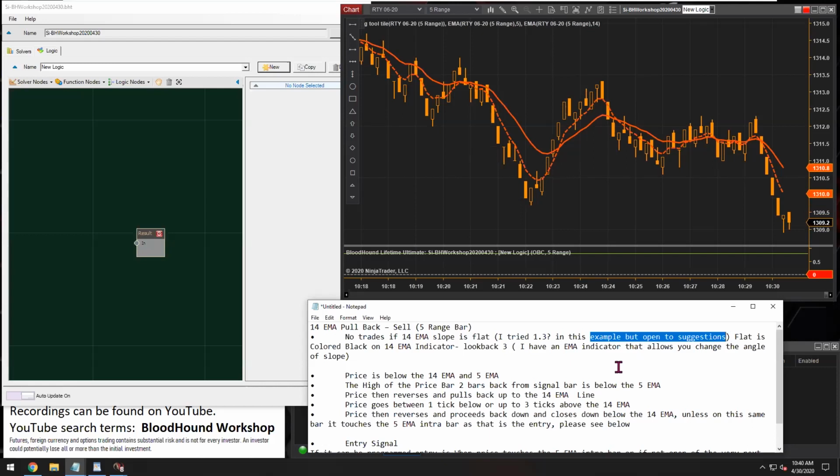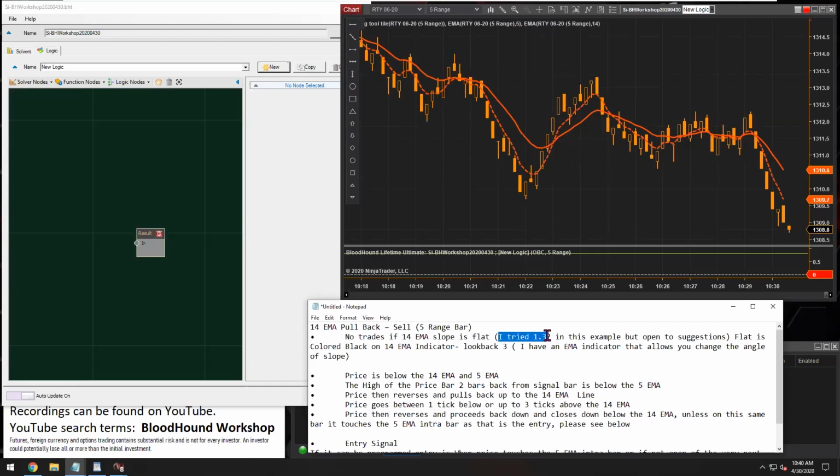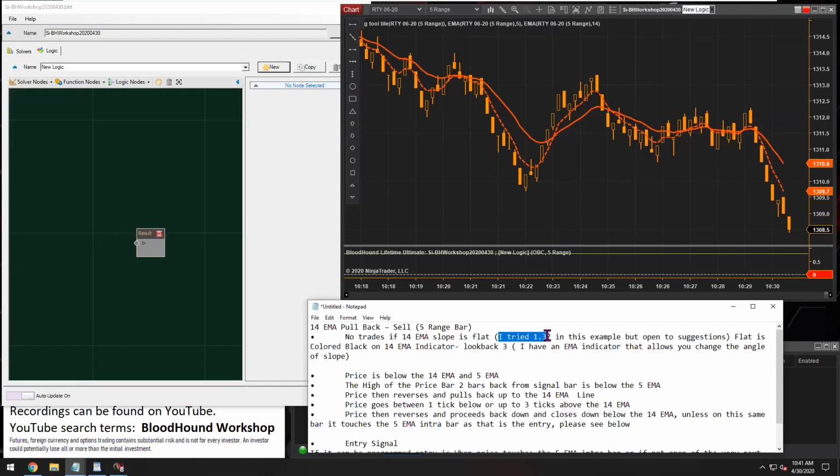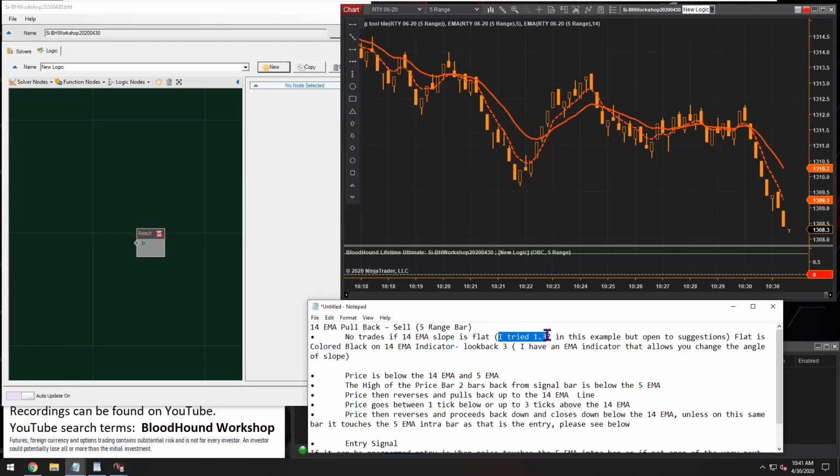So just so you understand that, we don't provide any suggestions here, but we will go through how you go through the iterations of finding what you consider is flat. What setting would you like? How do you discover what setting you're going to like to consider to be flat, right?